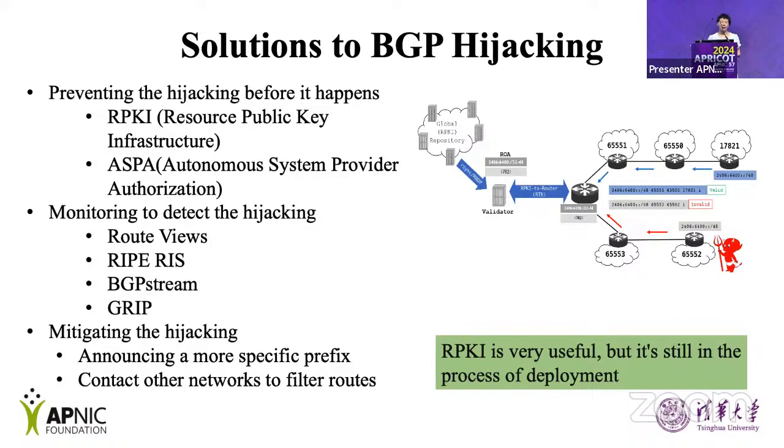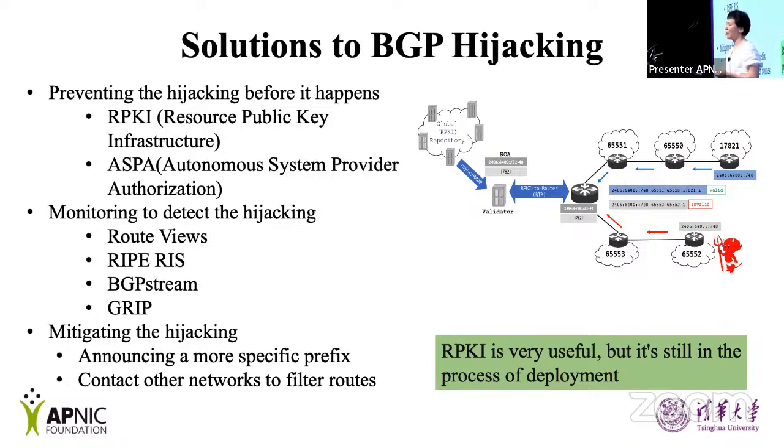So we have discussed several solutions to BGP hijacking and BGP security, and as Kevin has presented the Cyan protocol, and also other solutions such as RPKI and SPA. All this has been discussed a lot at the conference here, but there isn't a one-size-fits-all solution.